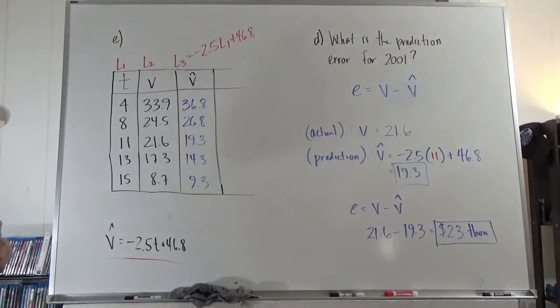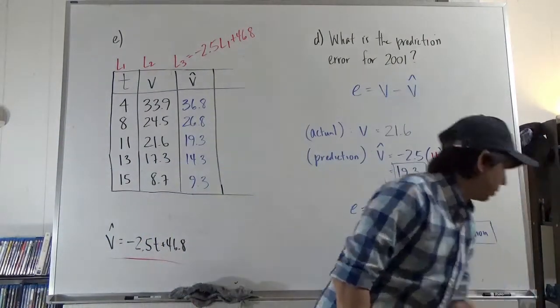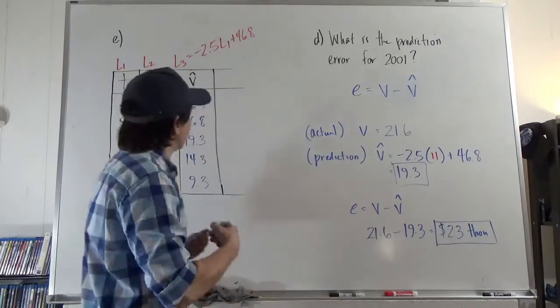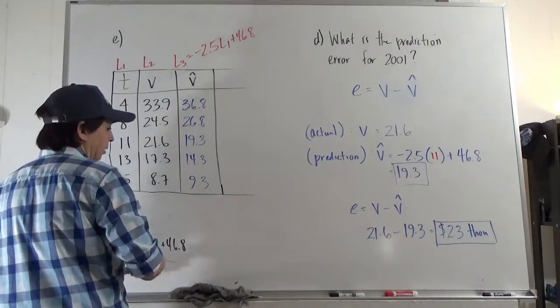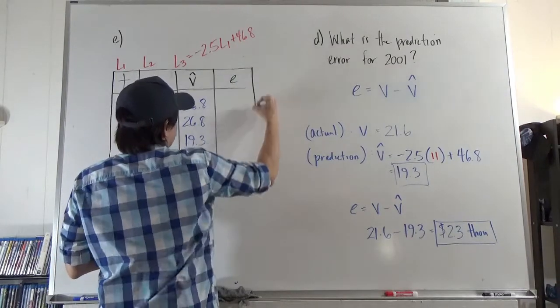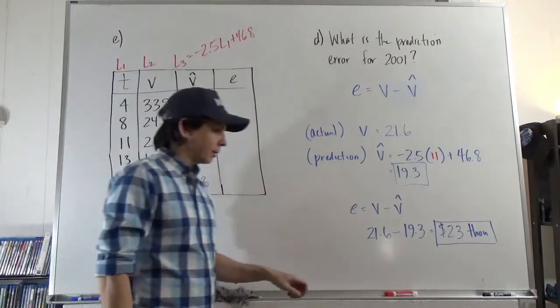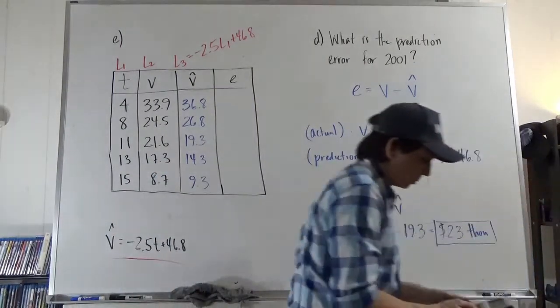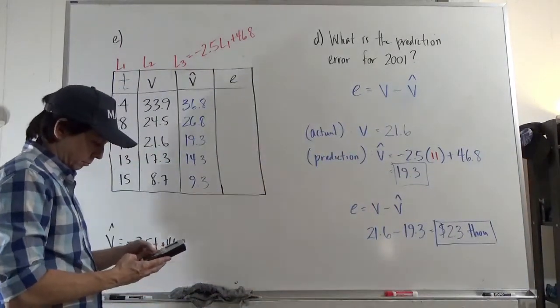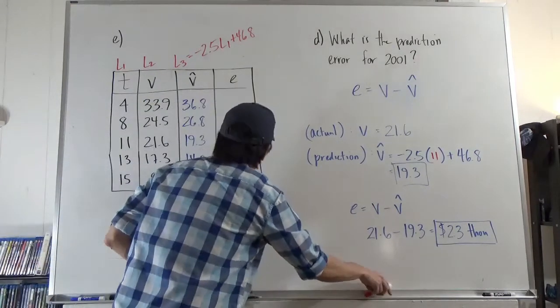What do we actually want? We want the prediction error for every point. E is equal to V minus V hat. So we're good. One more step. E, which again is V minus V hat, or Y minus Y hat. So think about what I want to do.